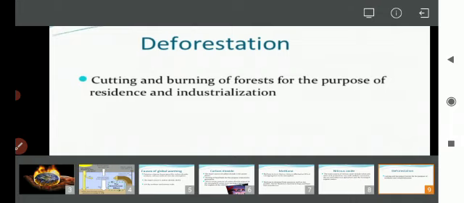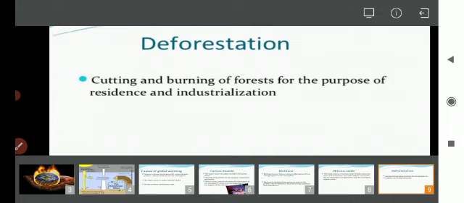Deforestation: cutting and burning of forest for the purpose of residence and industrialization. Nowadays, human actions, anthropogenic activities which are going on, are very serious issues.